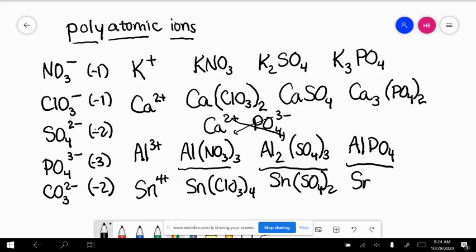So tin would get phosphate's -3, and phosphate would get tin's +4. So this is tin 2 chlorate. This is, I'm sorry, tin 4 chlorate. This is tin 4 sulfate, and this is tin 4 phosphate.